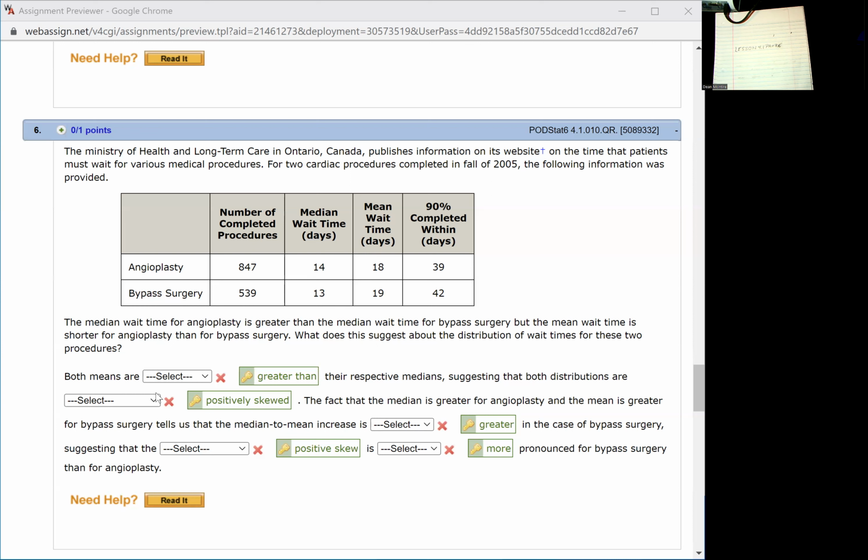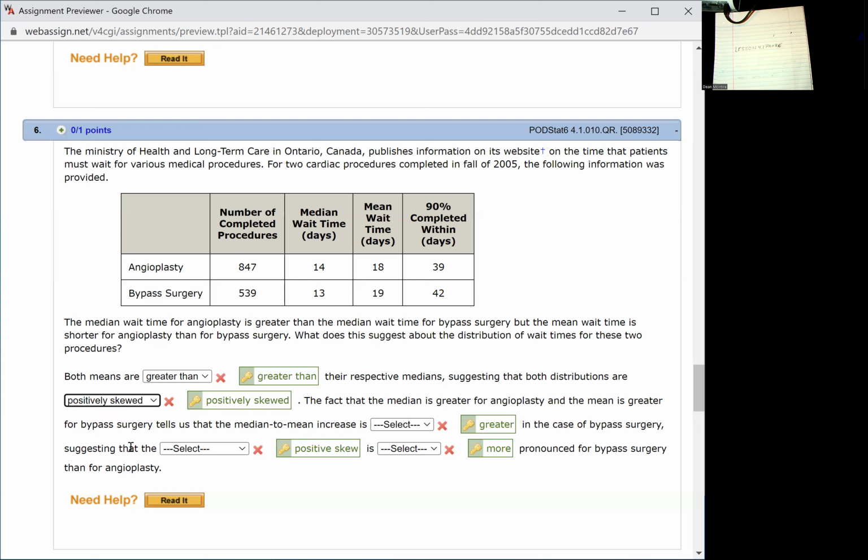Both means are greater than the respective medians, suggesting that both distributions are positively skewed, okay?